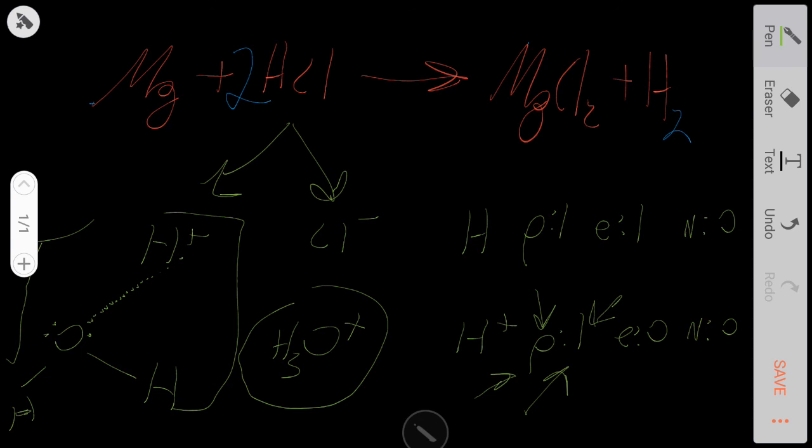So what we do when we look at acids is say, hey, how many of these protons can it give me when it ionizes? Right, so if I look at HCl, HCl will give me 1 hydrogen. So we say that it is monoprotic.